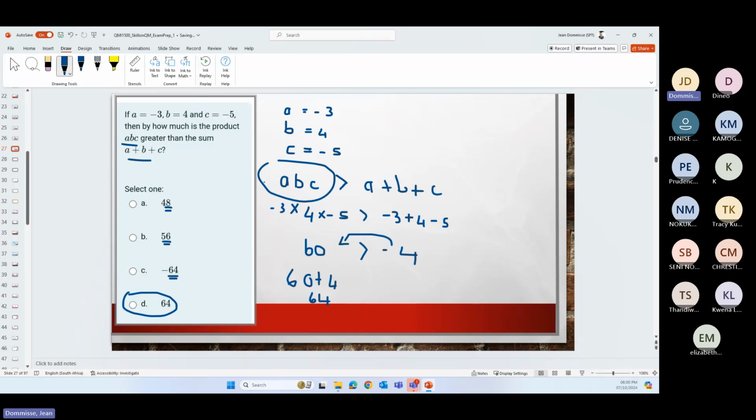If you multiply with negatives, a negative times a negative is a positive. But if you add, it stays the same. That's what they tested here, that you know that a negative times a negative is a positive.